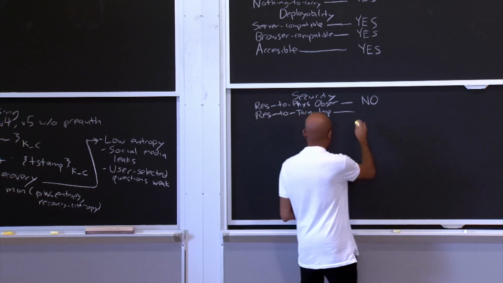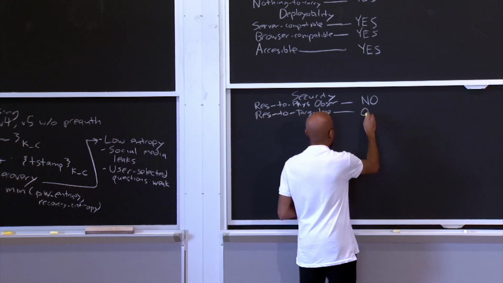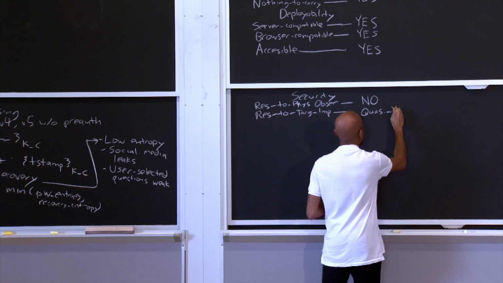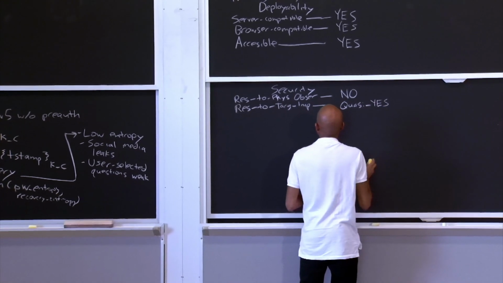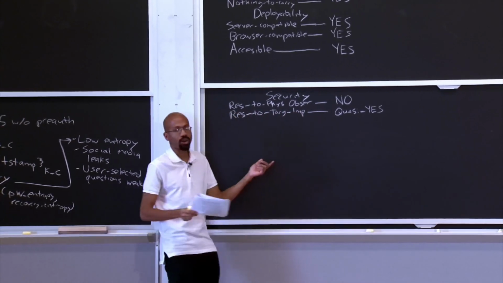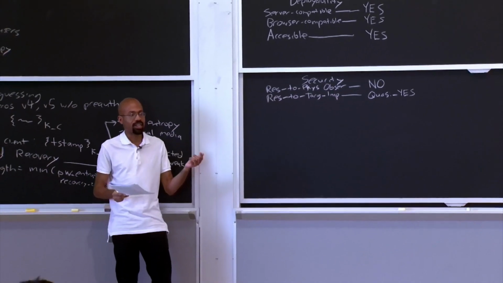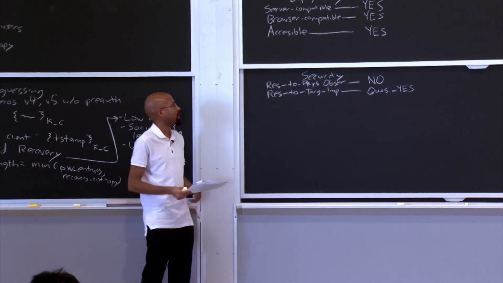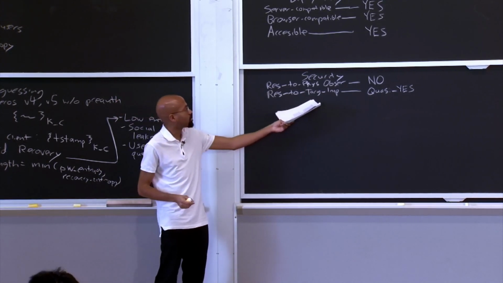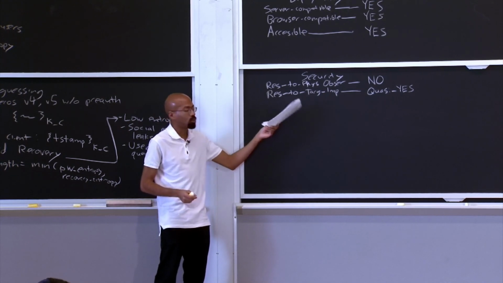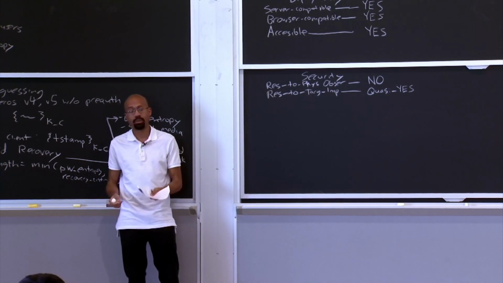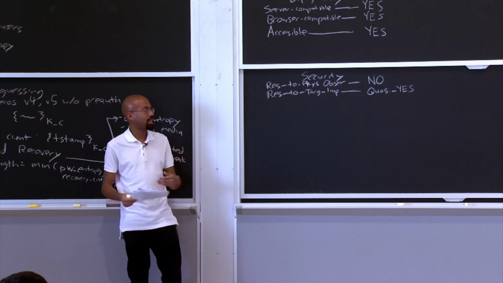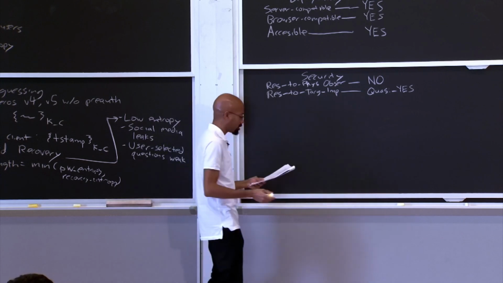So here, the authors basically have another one of these quasi-yeses. And they say quasi-yes because they're not aware of any studies which show that if you know a person, you're more likely to be able to guess their password. So they say quasi-yes for that. And so note that resistance to targeted impersonation, this is where most security backup questions fail miserably, right? Because if someone knows something about you, quite easily they can sort of guess your security questions in many cases.